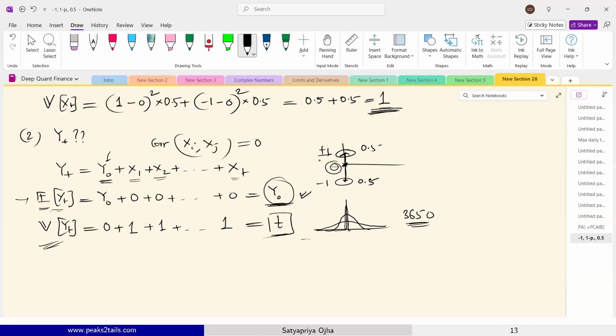You can talk about correlation between these two, but you cannot talk about correlation between this and this. Okay, makes sense. So please remember, random walk process has a constant mean y0, but variance scales linearly with time.